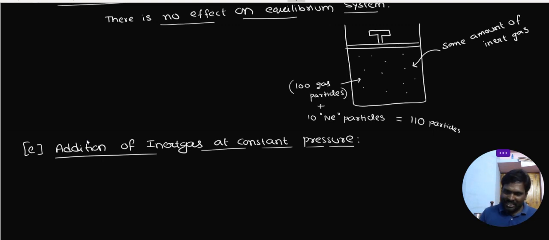Here the equilibrium reaction shifts from lower gaseous moles to higher gaseous moles. Equilibrium reaction shifts from lower gaseous moles to higher gaseous moles when we add inert gas at constant pressure.